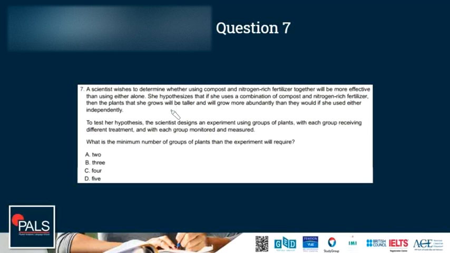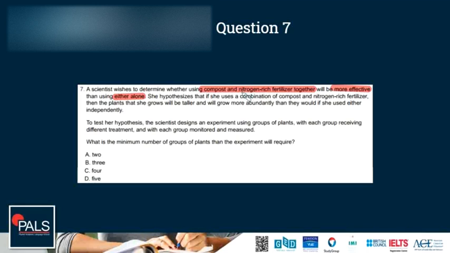So, as the text says above, the scientist wants to test whether compost and nitrogen-rich fertilizer together will be more effective than using either alone. So that means in our experiment we need to test both of them combined to see if that's going to be the best one.